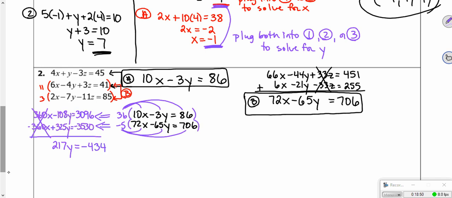So then if you divide, you get y equals negative 2. Hallelujah. Wow, I don't like those really big numbers.